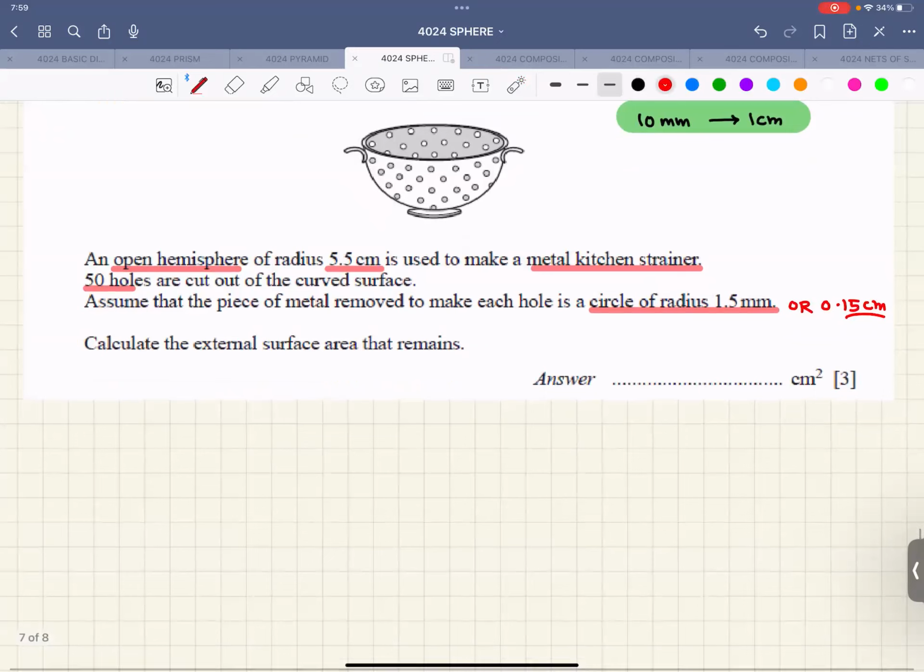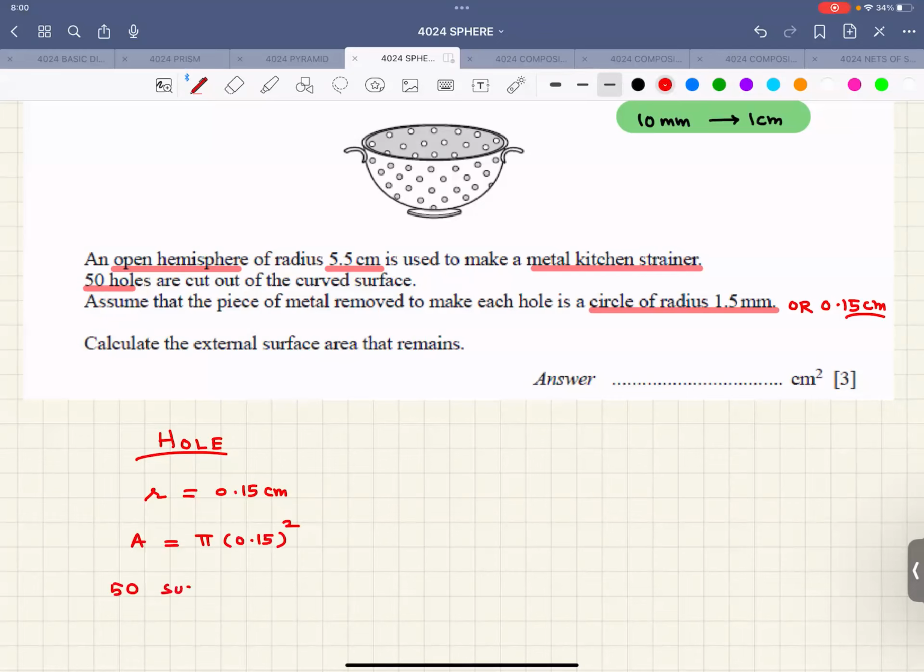So when we are talking about the hole, then radius is 0.15 centimeter and area of one hole, that is pi into 0.15 square, and there are 50 such holes. So therefore, this is 50 into pi into 0.15 square.